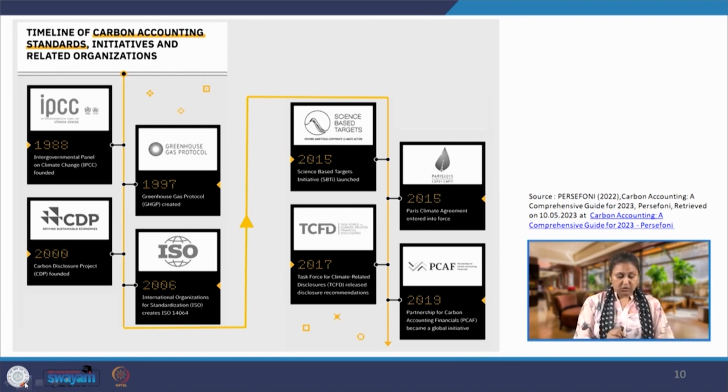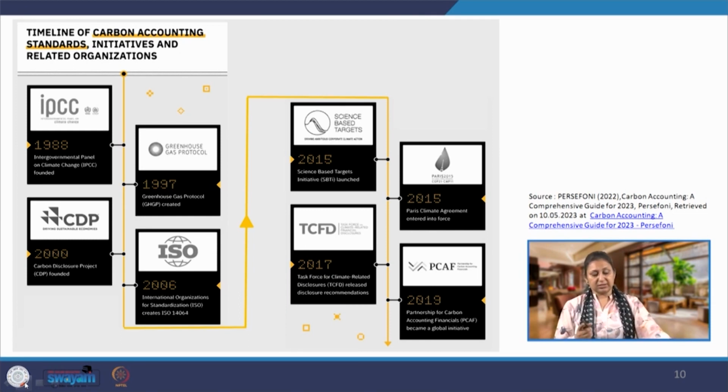And then ISO was formed in 2006, and in the second lecture of this week, we will understand what the International Organization for Standardization ISO and the standard which is relevant to GHG protocol. This particular standard also draws from the GHG protocol largely. This is 14064. It has 3 parts, which is what we will look at in detail in the second lecture of this week.